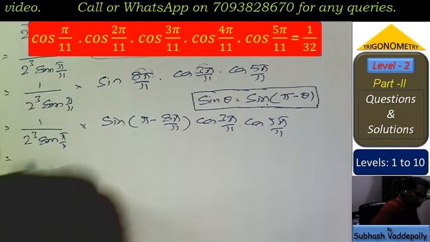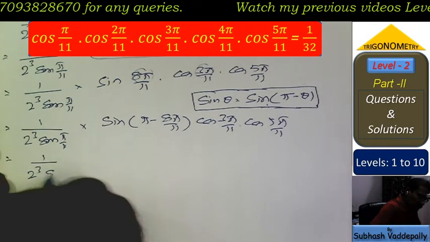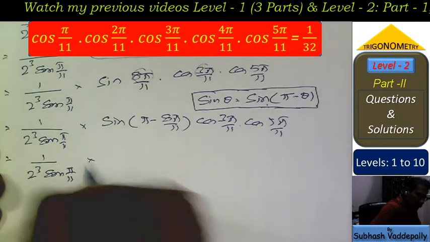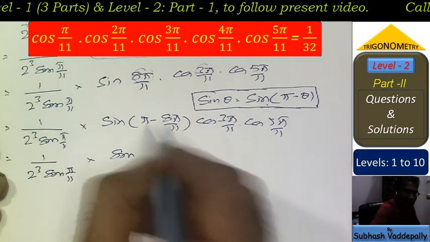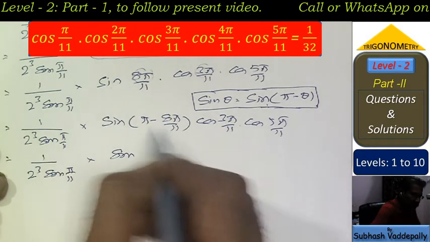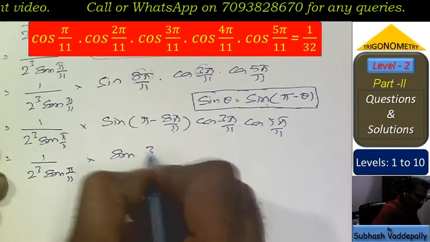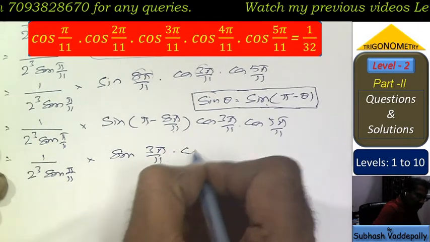Okay. So further, 1 divided by 2 cube, sine pi by 11 into sine of, here I simplify this. What do you get? 11 pi minus 8 pi, this you are getting 3 pi by 11, right? Into again cos 3 pi by 11.